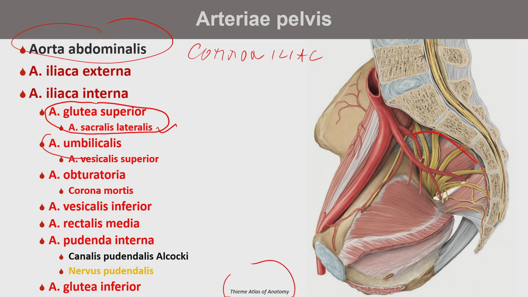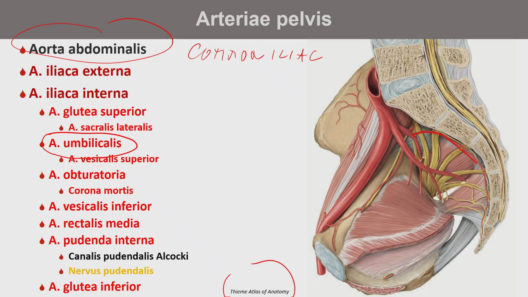This is the umbilical artery. What is the umbilical artery? Originally in a fetus it is the blood vessel entering the umbilical cord, and the blood from the fetus flows into the placenta and is then enriched with oxygen.